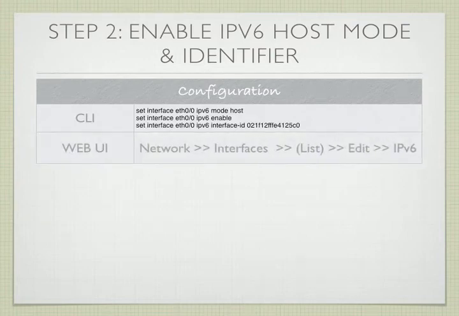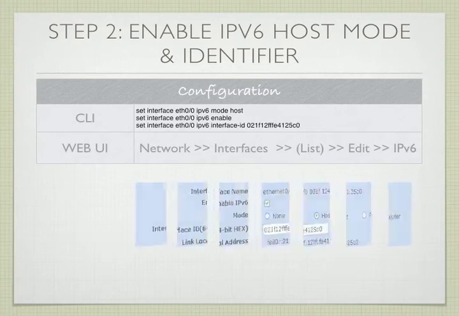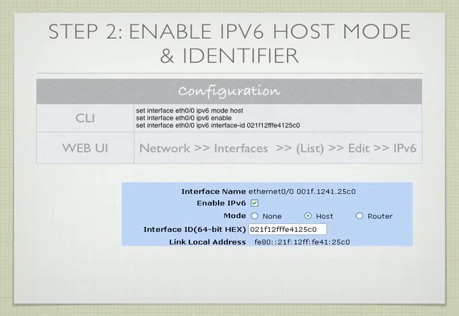In the web UI, this is also in the properties of edit the interface. There's a new IPv6 tab when IPv6 is enabled, and we're going to turn on IPv6 and enter the 64-bit unique identifier.